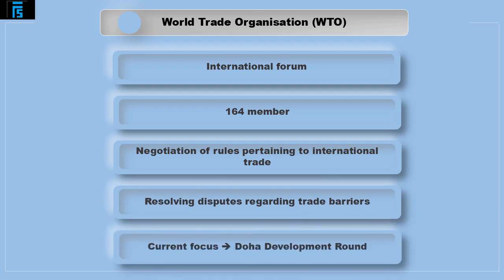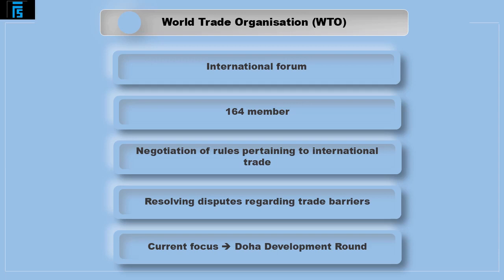The current focus of the WTO is the finalization of negotiations in the Doha Development Round, which started in 2001, with the purpose of establishing common rules of trade between industrialized countries and emerging economies. Since the launch of negotiations, several meetings have already been held.